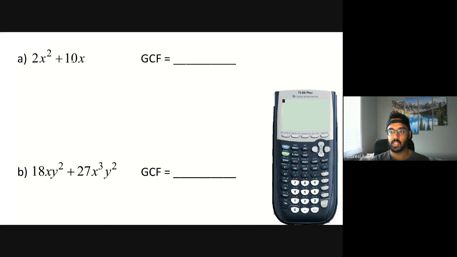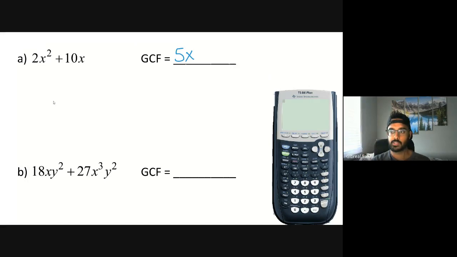And again, it is the largest common factor that exists between 10 and 2. Okay, so that's 5. Now I have to look at the variables. There's an x squared in the first term, but only an x to the power of 1 in the second term. That means the amount of x's that they share really is just x to the power of 1. So my greatest common factor is 5x.